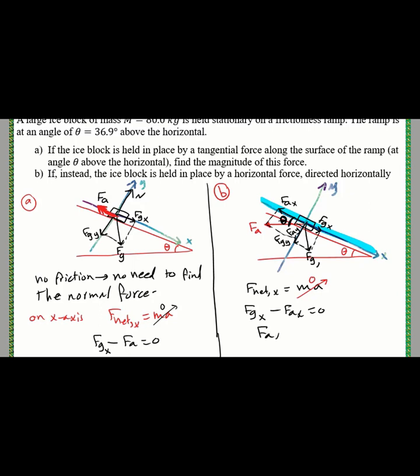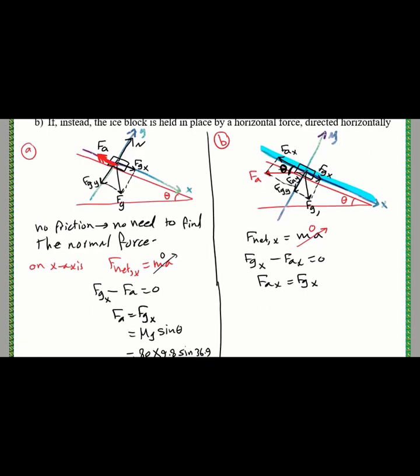So Fax equals Fgx. Fgx is mg sine theta. Fax: the angle for FA is between FA and the x-axis, so the x-axis is the adjacent. So Fax is FA cosine theta.